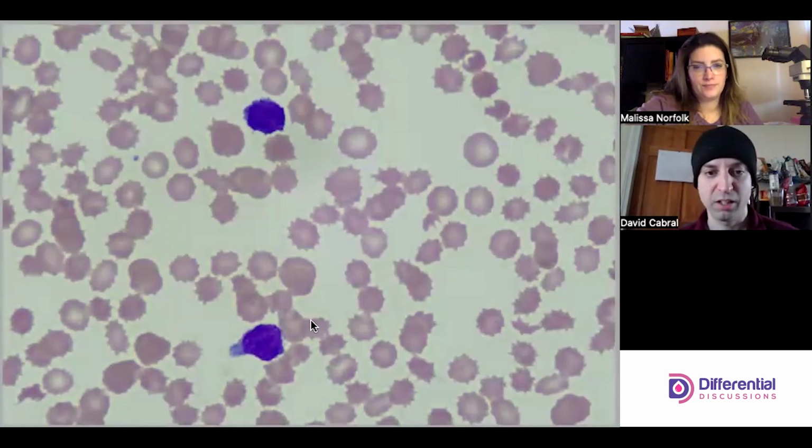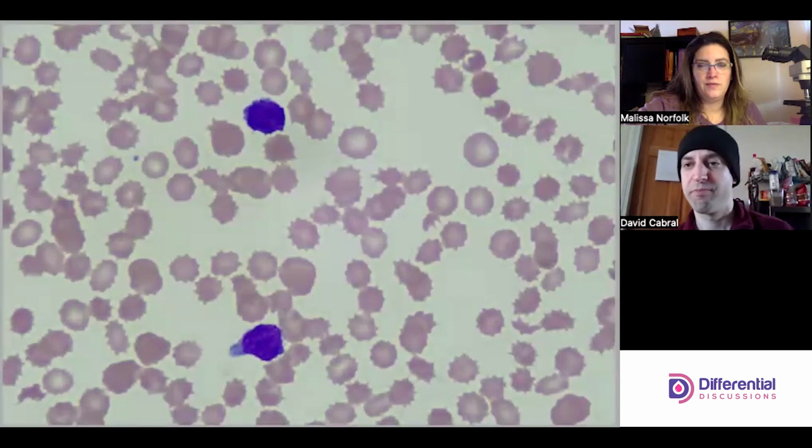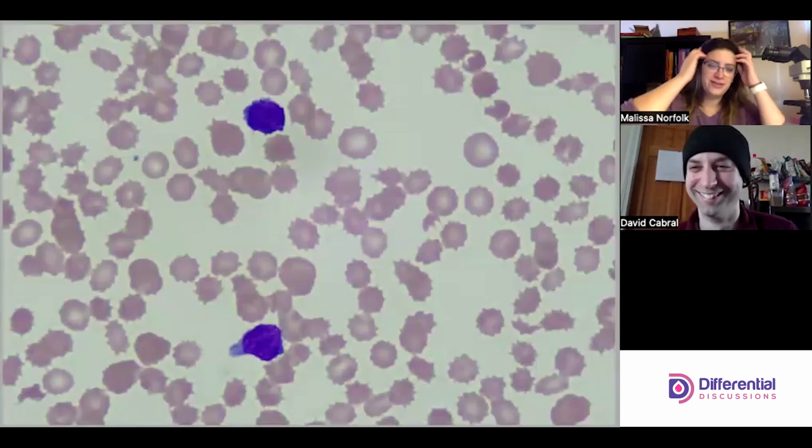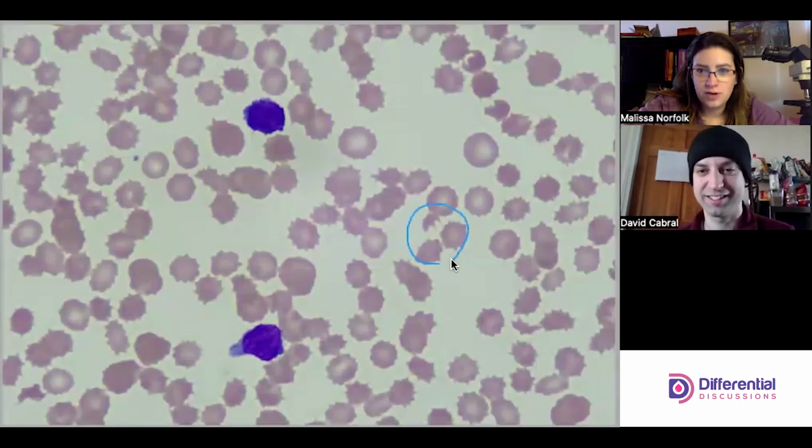Melissa, we would call this a hand mirror type morphology, right? What we mean by hand mirror: do people still use hand mirrors? Fancy people probably do. Basically you have the round part where the mirror is, and then the handle that you hold.